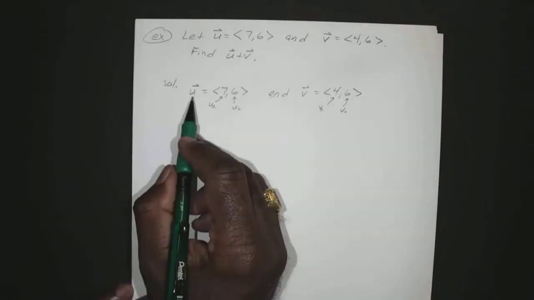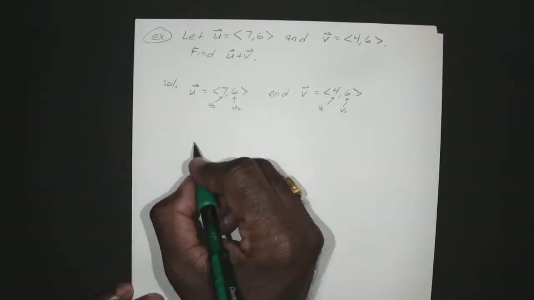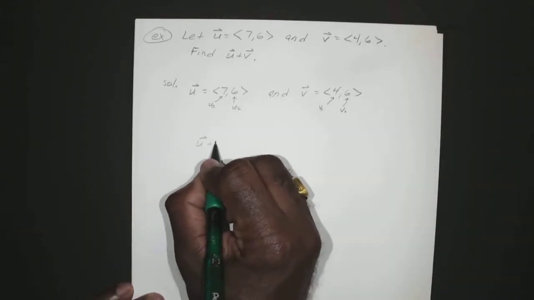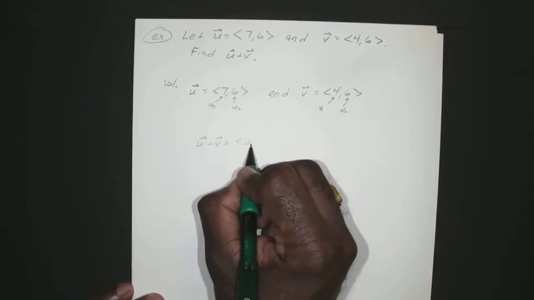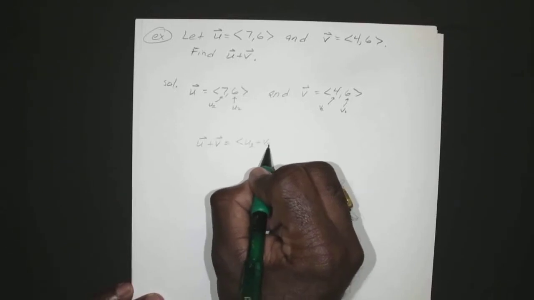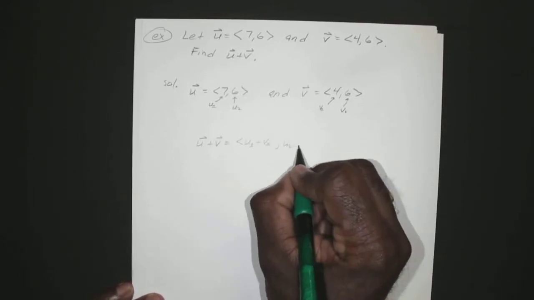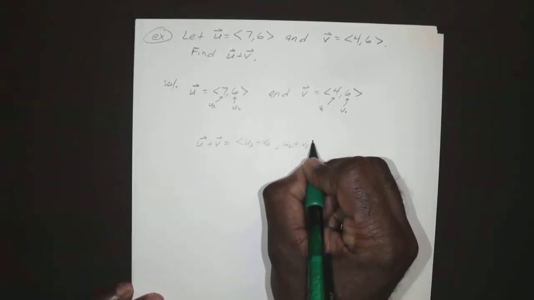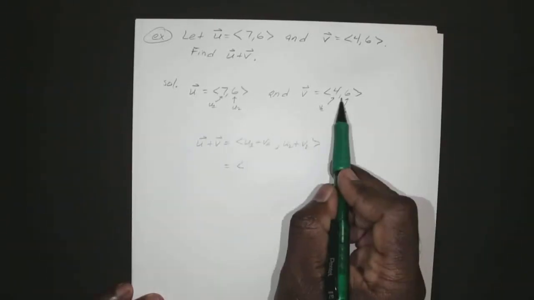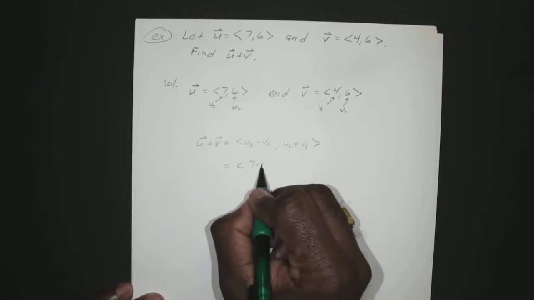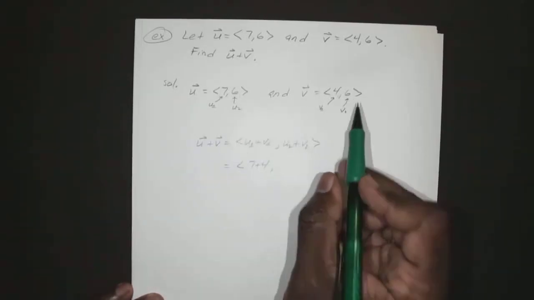Okay. So we know that u vector plus v vector is just equal to u1 plus v1 and u2 plus v2. So that's just going to equal 7 plus 4 and 6 plus 6.